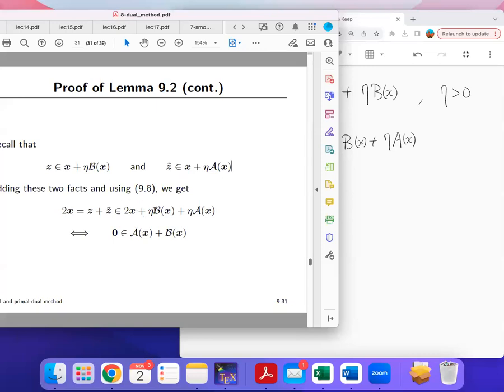Therefore, this entire equation is basically 2x equals z plus z tilde, and z plus z tilde is what we have on the right hand side.